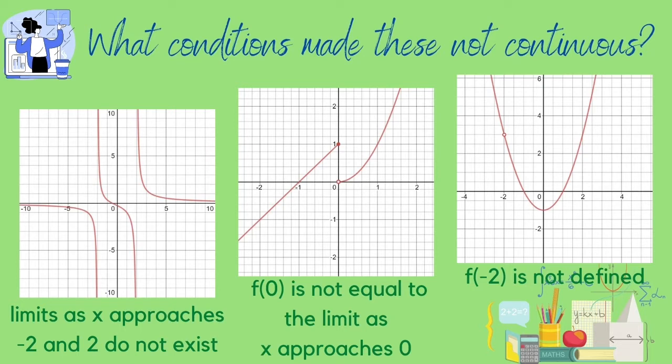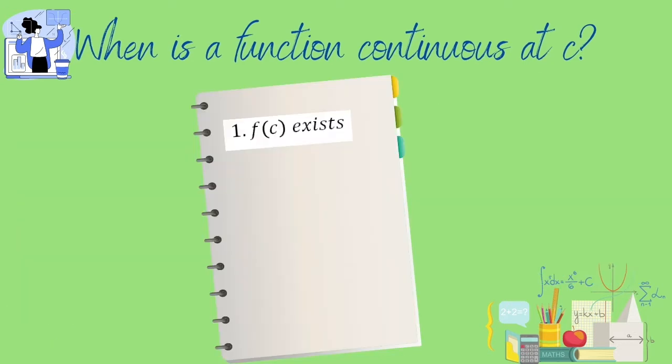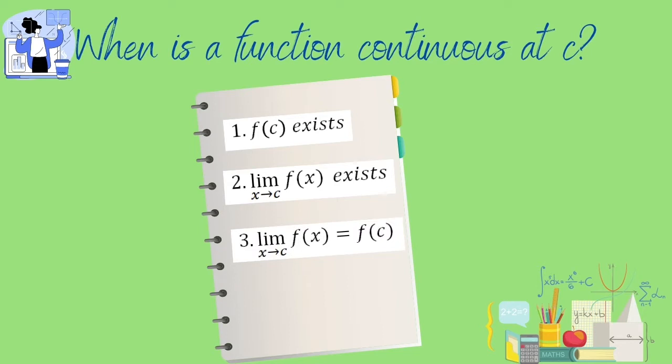Considering the examples shown, when is a function continuous at the x value c? A function f is continuous at c when f of c exists, when the limit of f of x as x approaches c exists, and the limit of f of x as x approaches c is equal to f of c.